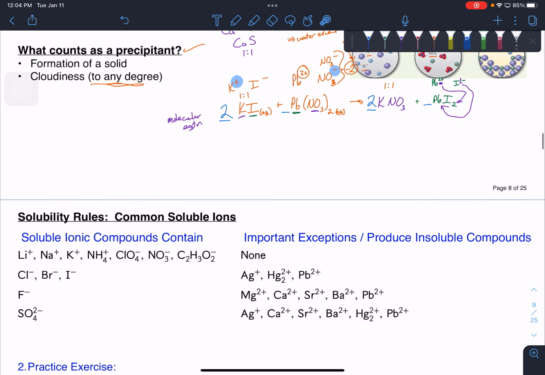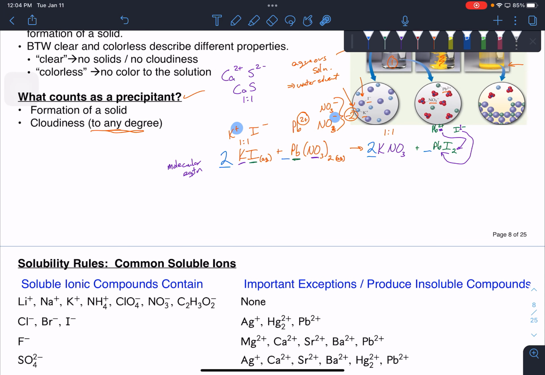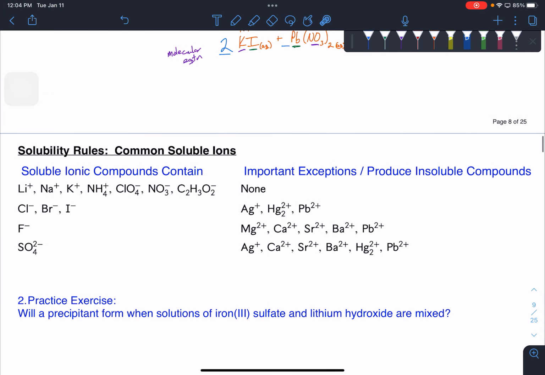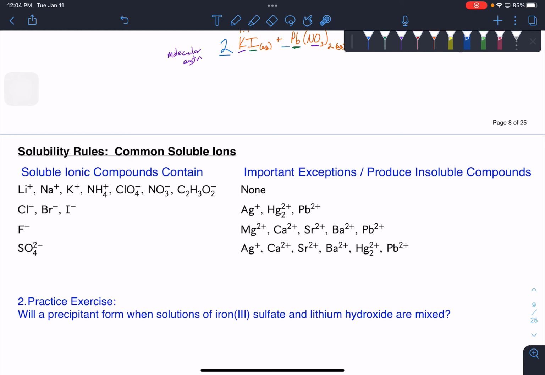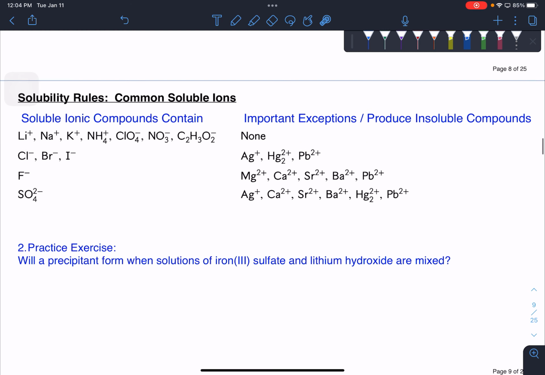Now, let me just point out, there's 2 different tables, okay? There's one that's dealing with common soluble ions, and you're always looking at the left-hand side of the table.